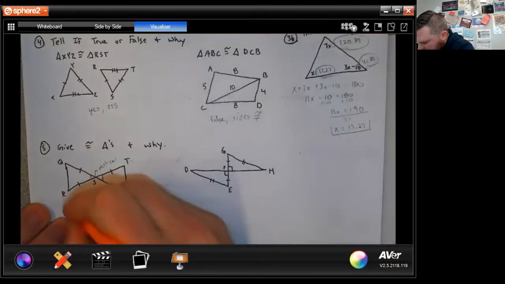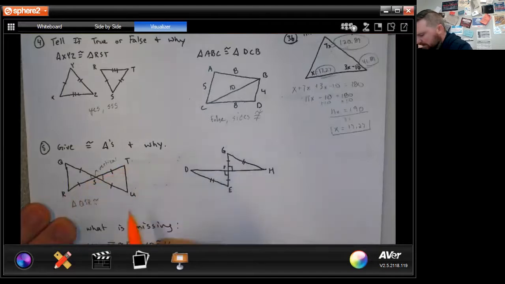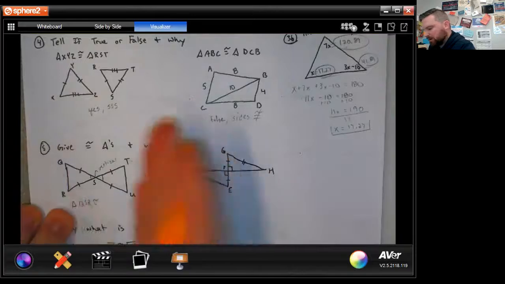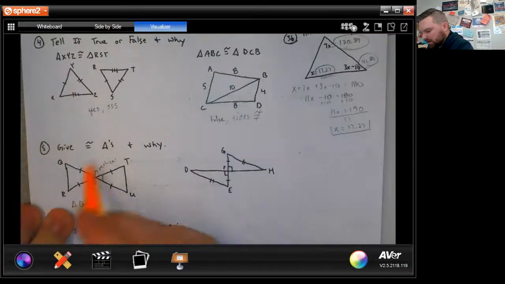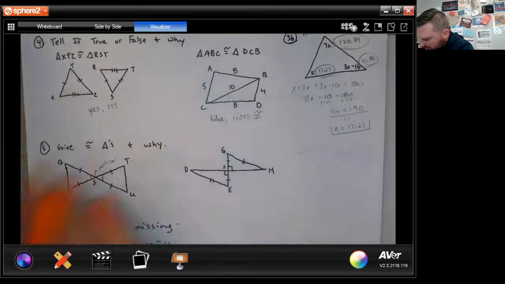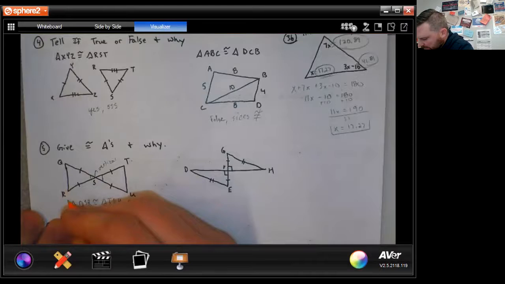Okay, so we could say triangle QSR congruent. Now, since these both have it, I don't know if this was a reflection or a rotation, so I can choose. I'm just going to choose a reflection, so TSQ. And that was side angle side.